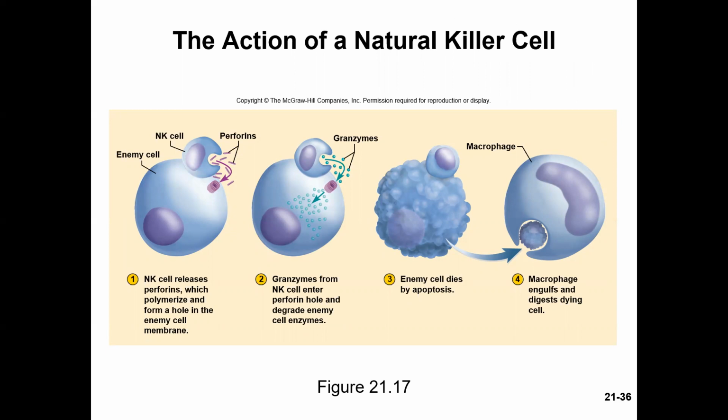So it's going to bust up the other cell's proteins. If that cell can't operate because its enzymatic activity has been depleted, the enemy cell dies by apoptosis. Then it will be engulfed by a macrophage. The macrophage engulfs and digests the dying cell.